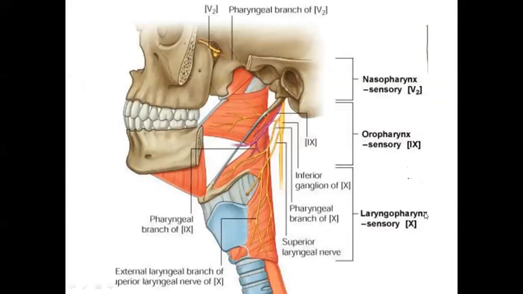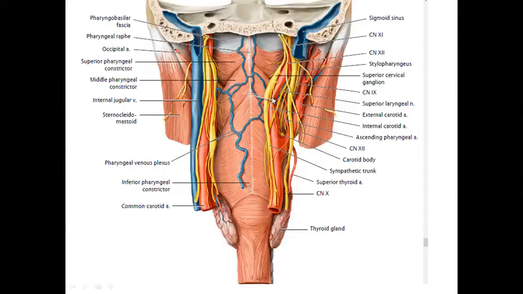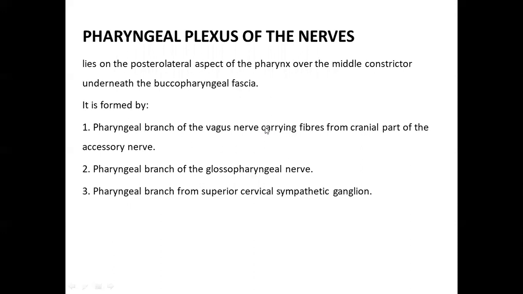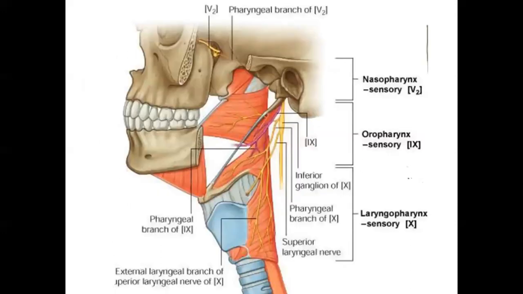Then we have another thing that is known as the pharyngeal plexus of nerves. The pharyngeal plexus of nerves is formed by what? When we see here, this is the same thing that forms the pharyngeal plexus. The pharyngeal plexus is present on the posterolateral aspect of the pharynx, here over the middle constrictor, underneath the buccopharyngeal fascia के deep present होगा. This is formed by किन चीजों से बनता है? So this is formed by the pharyngeal branch of vagus that is carrying the fibers of the cranial root of accessory.